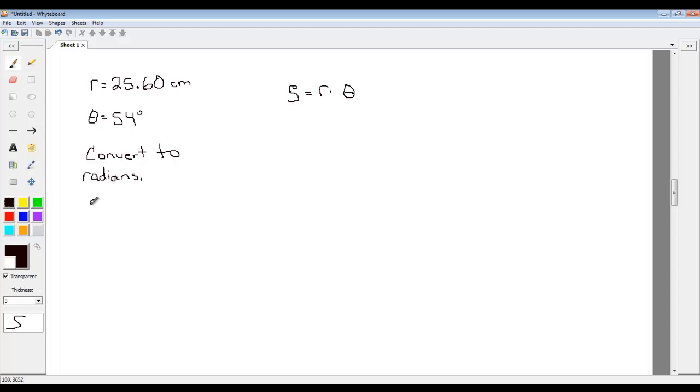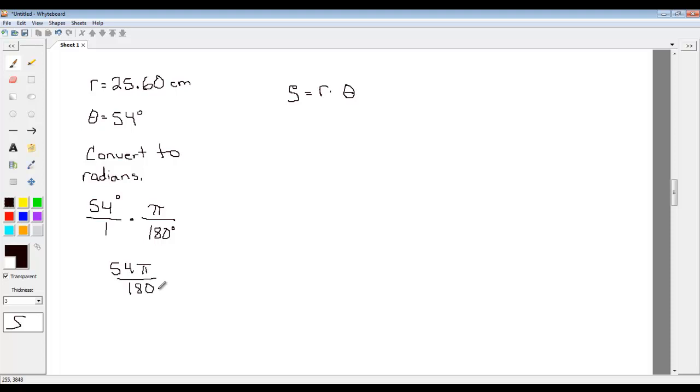So if we have 54 degrees, we can multiply that by pi over 180 degrees. 180 degrees goes on the bottom, so that the degrees will cancel out, and we'll be left in terms of pi here. We'll have 54 pi over 180.